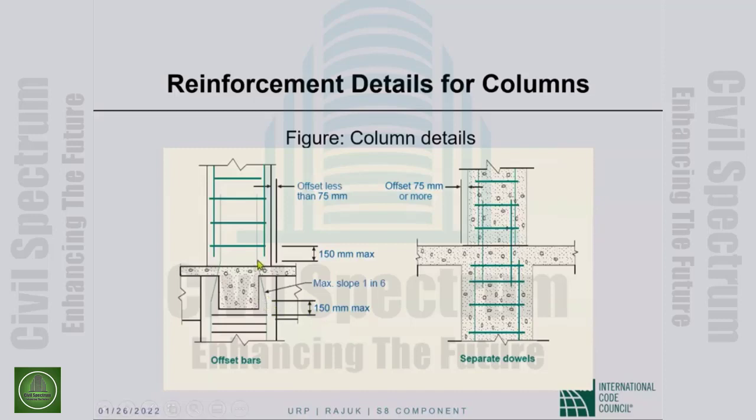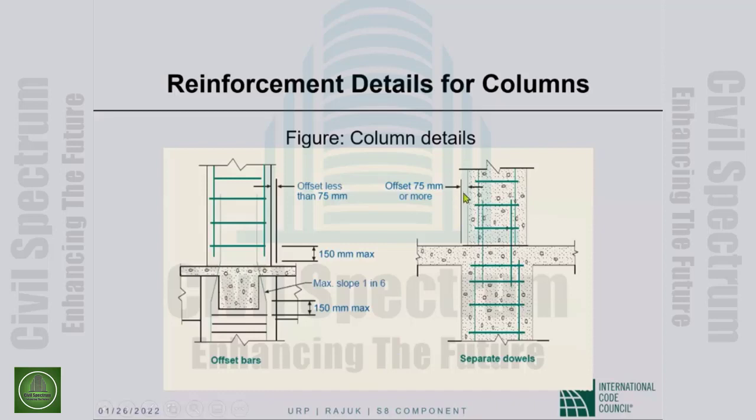And in the upper column, you will start the transverse reinforcement also 6 inches above the slab. Okay, this is where you will start.